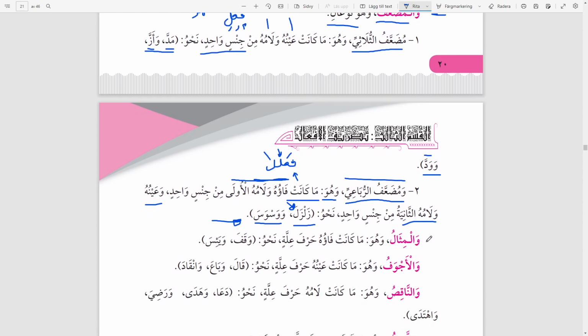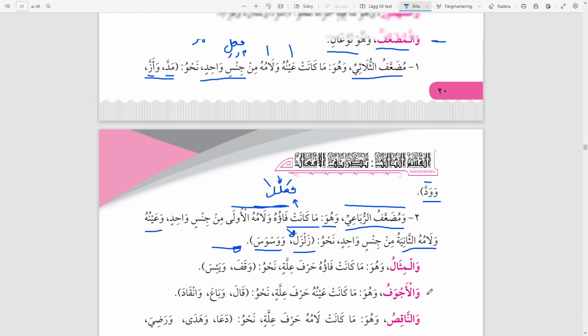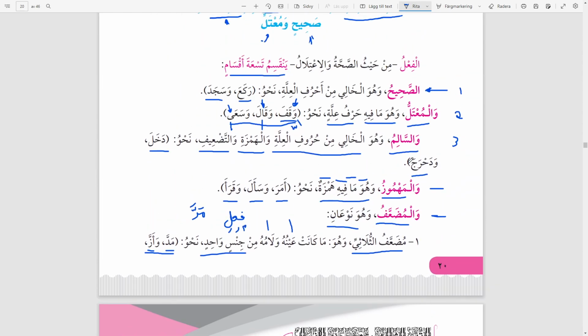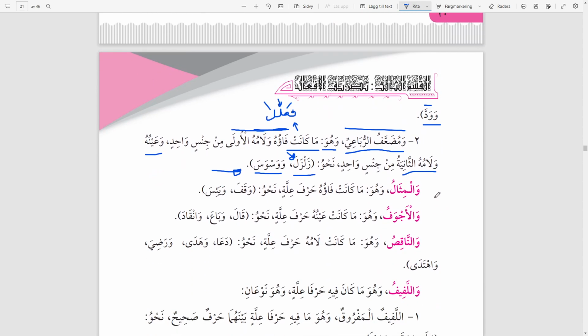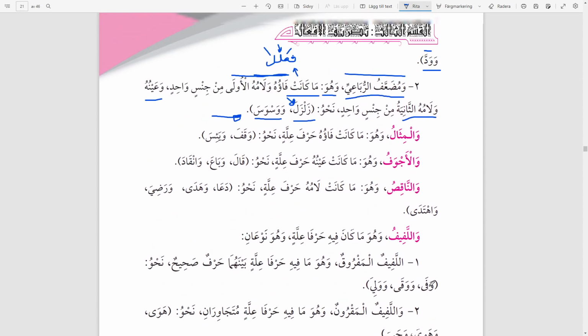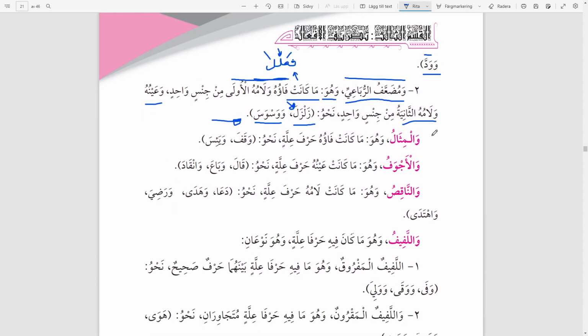And then you have the different kinds of معتلات. المثال, الأجوف, الناقص, واللفيف. Exactly. So these are all words that are معتل.